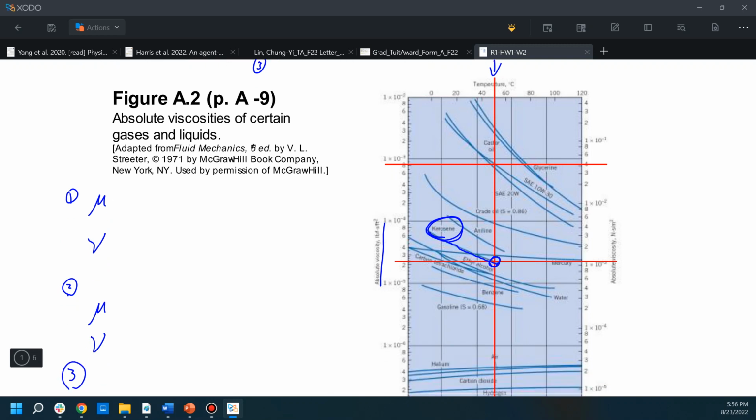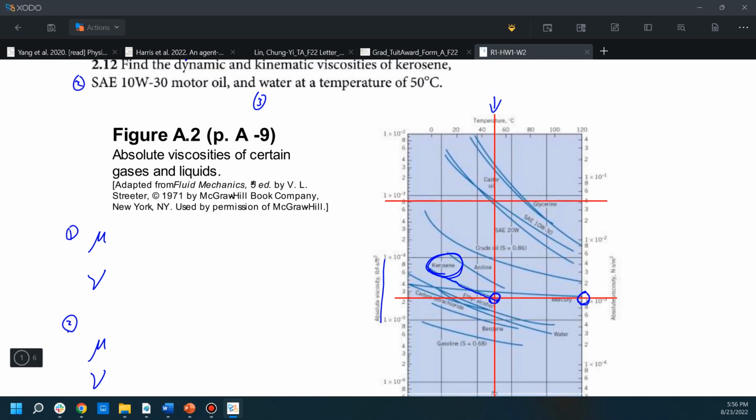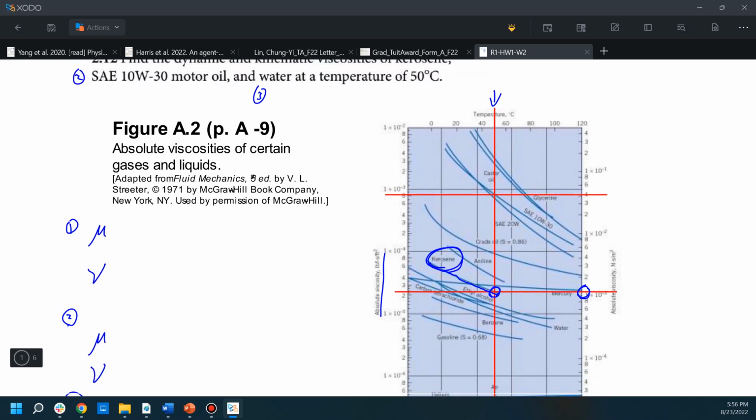We can find the absolute viscosity, which is the dynamic viscosity, by reading the number here. For this question, I will use the SI unit, so I just read the value on the right hand side.